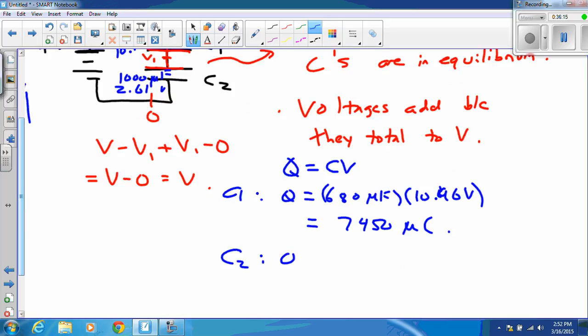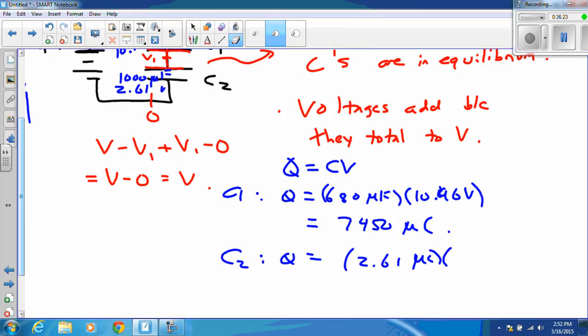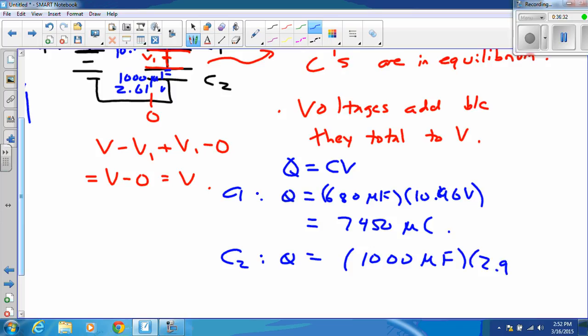Likewise, for C2, Q equals CV, which is going to be 2.61 volts times the capacitance. Technically it was 2.61 volts. This is interesting because we're not going to get nearly the same amount of charge here, right?